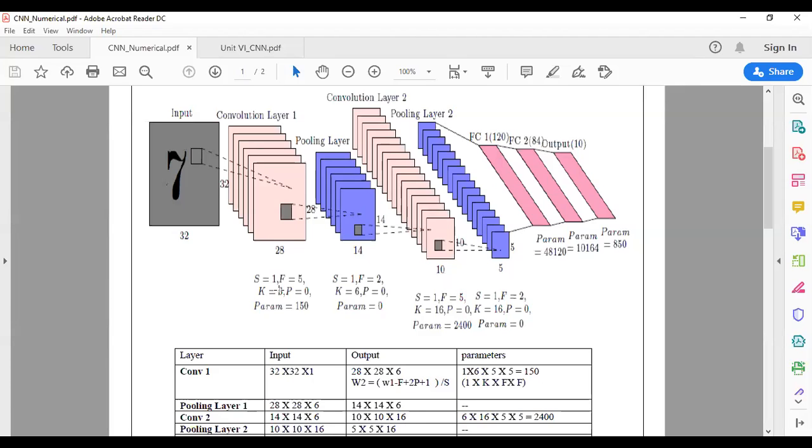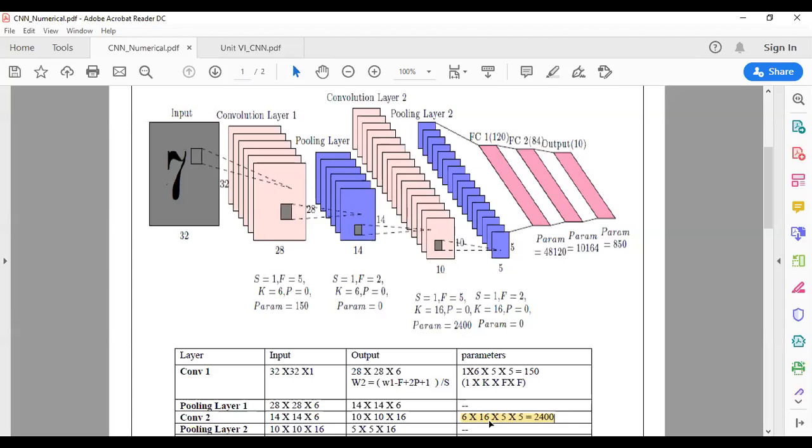Here what did we do? 6 into 5 into 5 multiplied by 1, because your input had a depth of 1. Here in this particular convolution layer, 16 filters, extent is 5 by 5, and input, how deep is it? Again 6 layers. So do you mark this?